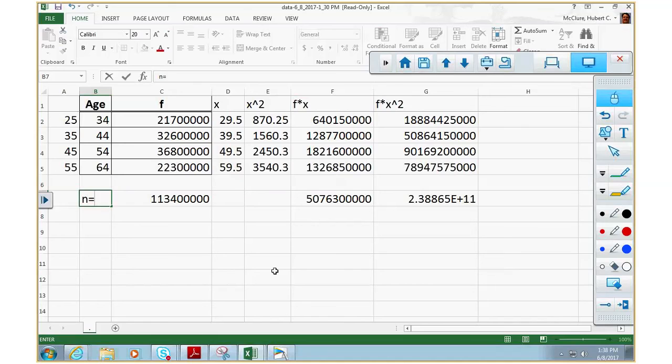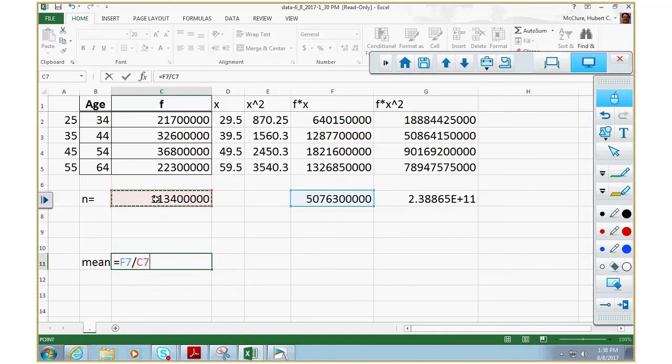N is equal to that. And then what is the mean? Mean is equal to what numbers? The summation of F times X divided by what? There you go.